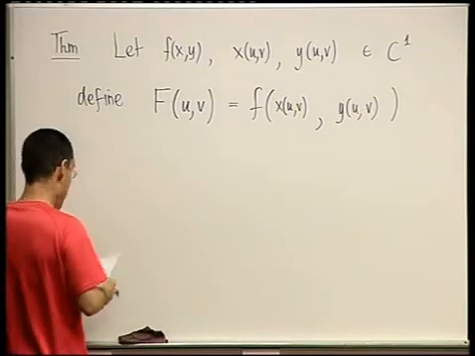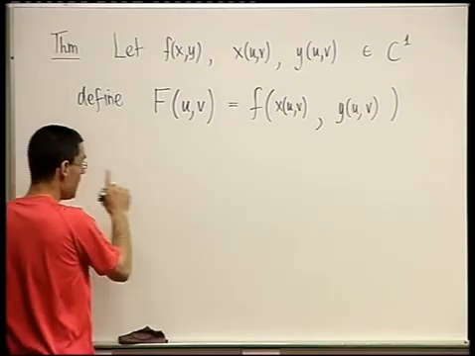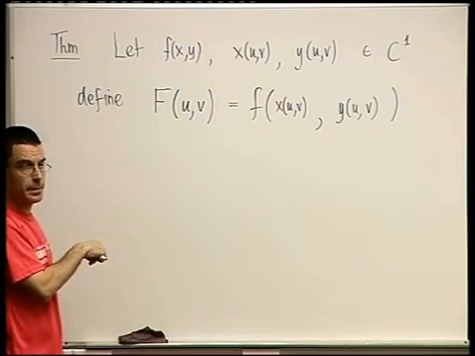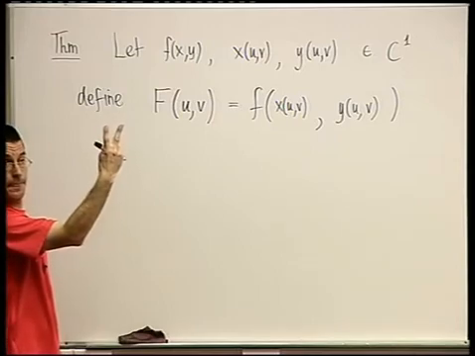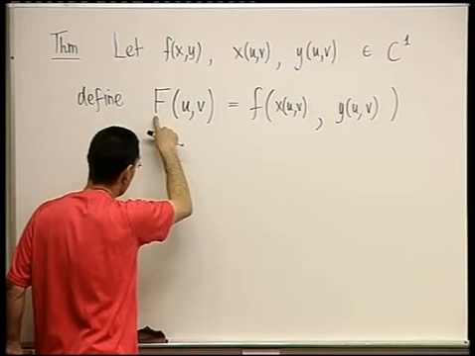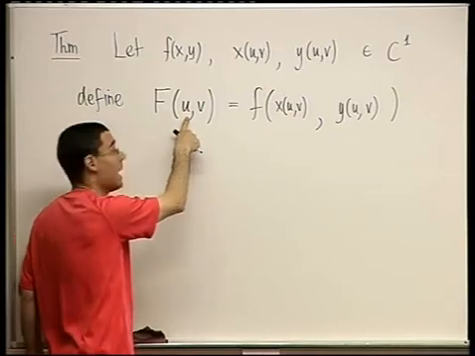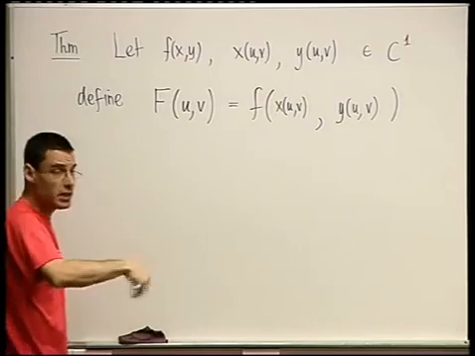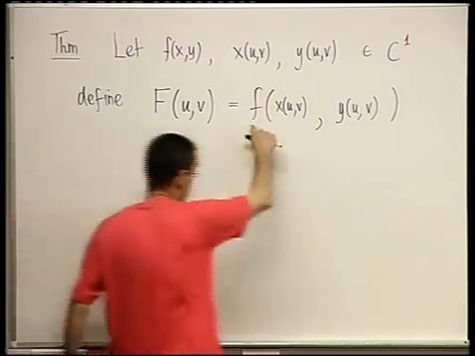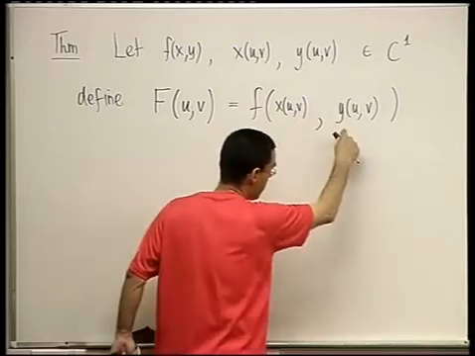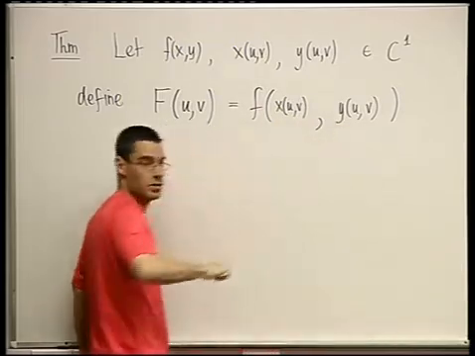Now, how many formulas am I going to write for the chain rule? Why 2? Because I'm going to have one formula for the derivative of f with respect to u, and one formula for the derivative of f with respect to v. And each one is going to be chain rule-ish. Take the derivative of f with respect to x times the inner derivative, plus the derivative of f with respect to y times the inner derivative.